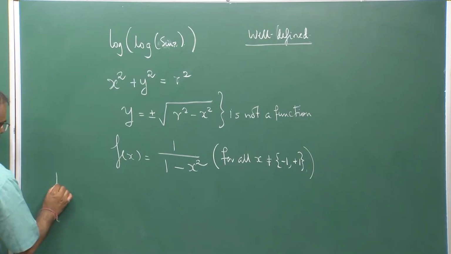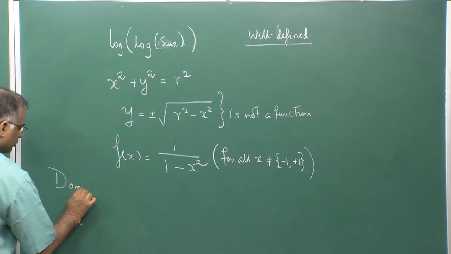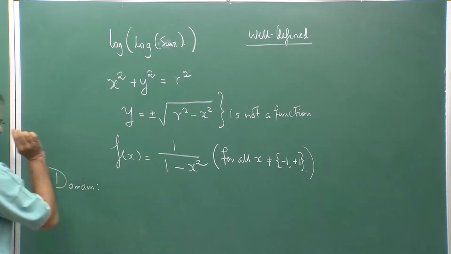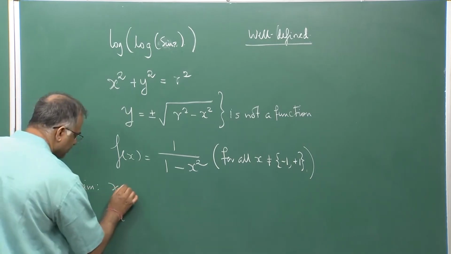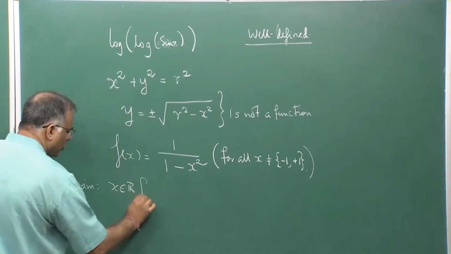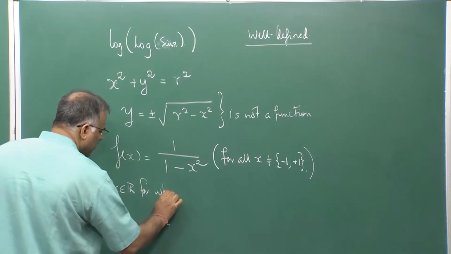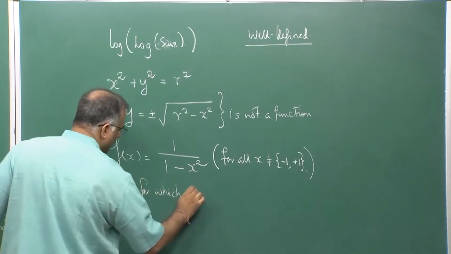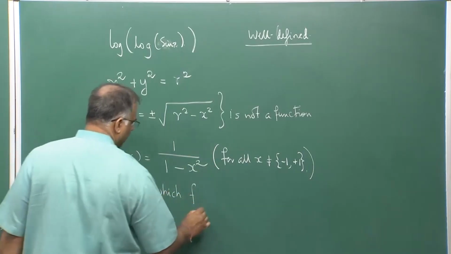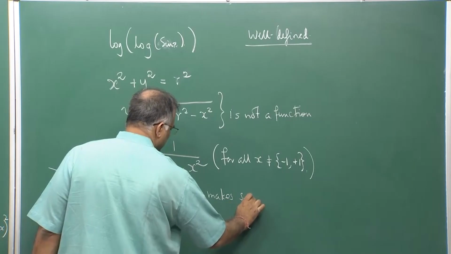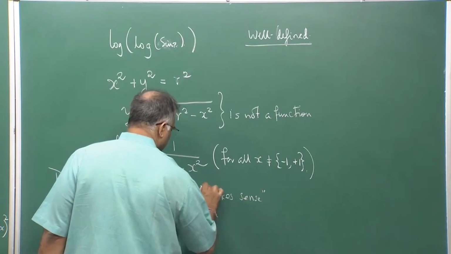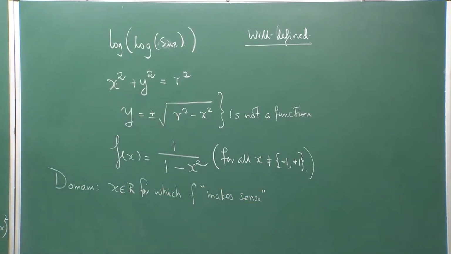One is a domain, that is the x in R for which the function makes sense, for which f is well defined actually, which I am writing in a crude way, for which f makes sense, in the sense that you can actually get an output.